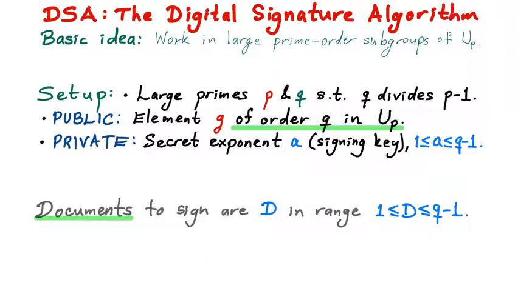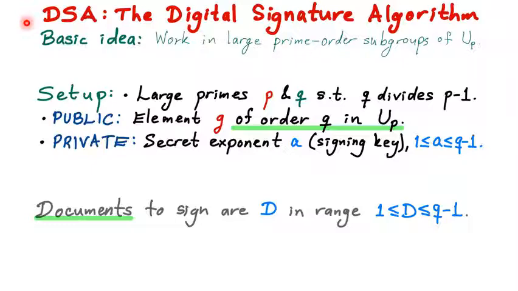Okay, so now on to the second part of this lecture, on the digital signature algorithm. This is a variation of ElGamal. The basic idea is that if you remember in ElGamal, we were working with a cyclic group of large order p minus 1, where p is prime, which was the group of units modulo p, right?